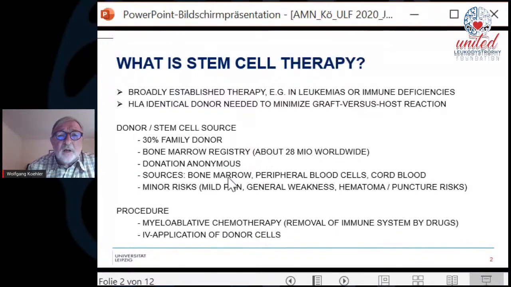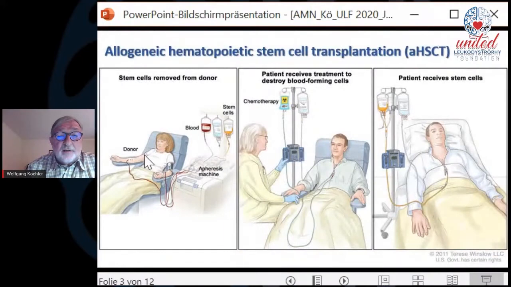Those donations are anonymous, and there are many sources where you can get the stem cells from. It's not only the bone marrow. You can also, in the meantime, harvest them from peripheral blood, like you can see here in this donor. The blood is taken and put into a so-called apheresis machine, which separates and looks for the cells that we need, which are the stem cells.